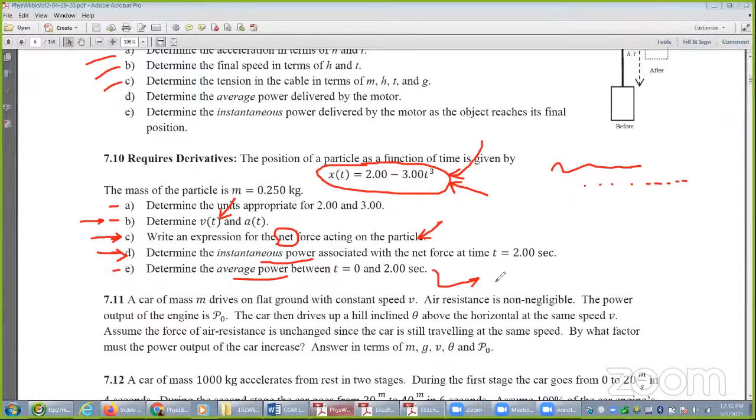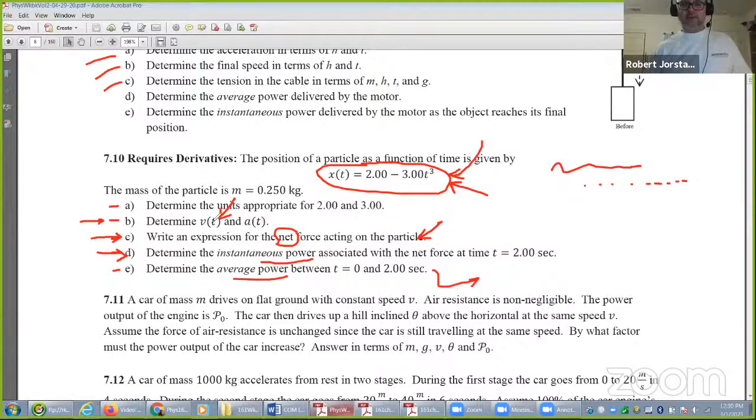Change in energy over change in time. Exactly. And change in energy has to do with the velocity at any one point. So there you just plug in certain values. You'd plug in 0 and 2 into that velocity equation. You could get the change in kinetic energy.